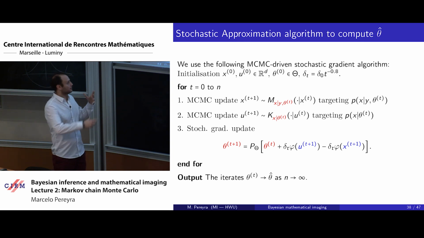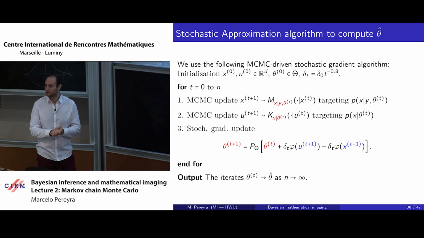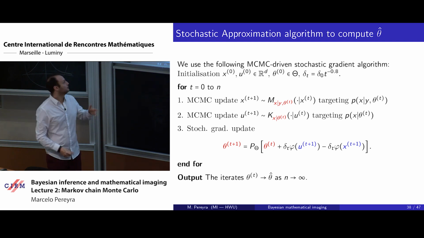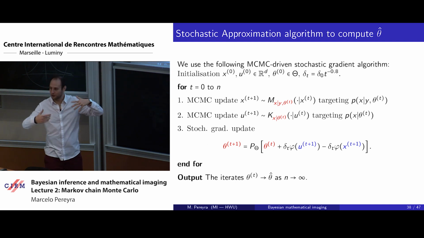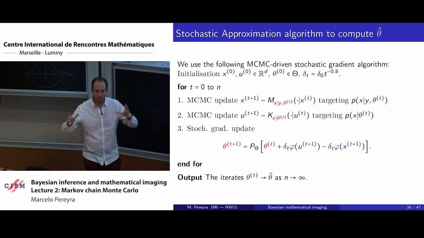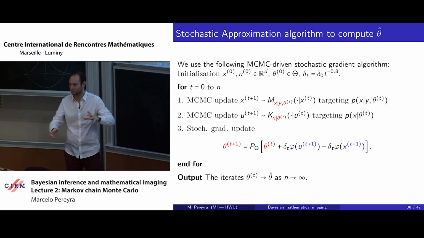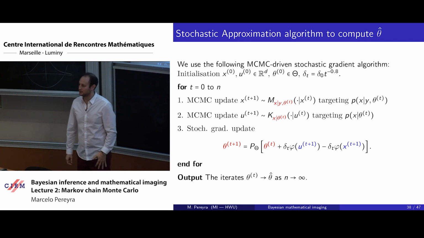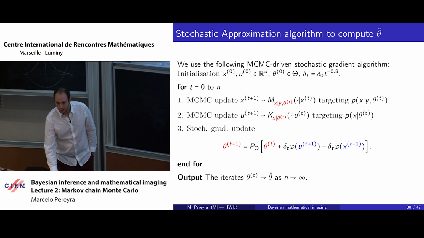And it turns out that this strange object converges to what we need. Theta converges to theta hat, and x and u converge to the posterior and the prior indexed by theta hat. So this whole thing converges to a space that is a product of two distributions or two random variables and the space where theta lives, capital Theta.